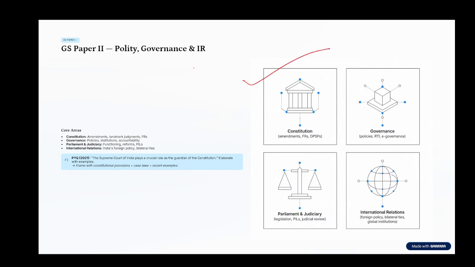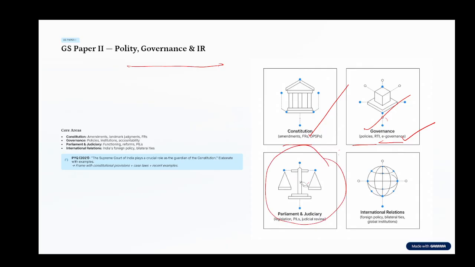So coming to GS paper 2, which is polity, governance and IR. Here we discuss the constitution, that means amendments, fundamental rights, and governance, where we will discuss policies, RTI and e-governance.